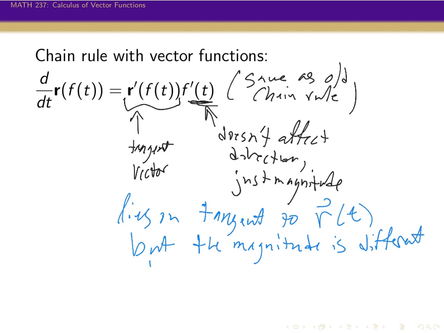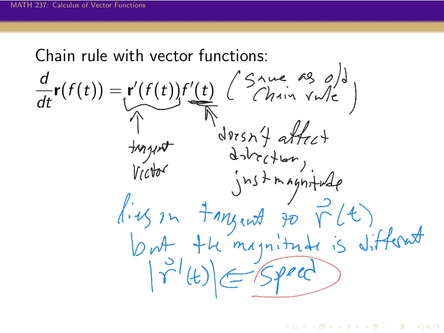And remember, what's the magnitude of that derivative? That's talking about speed. And so when I say, what does composing some other real valued function, some other scalar function, into the vector function do, it's not changing the curve, it's changing the speed in which you move along the curve.